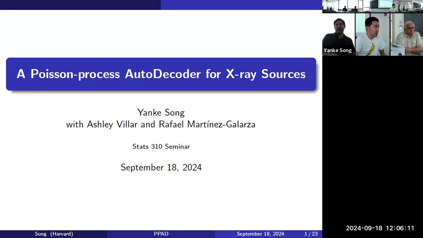And I guess we have been thinking about this problem from many angles. And Yanke has come up with a very interesting approach that uses a Poisson Process AutoDecoder to process the event files and create meaningful representations of time domain and spectral aspects of X-ray sources. So that's what he's gonna tell us about.